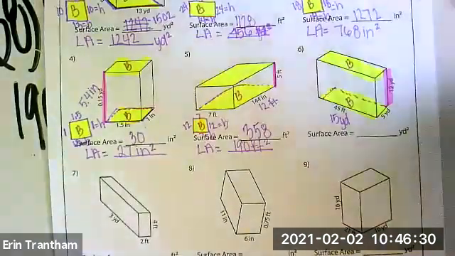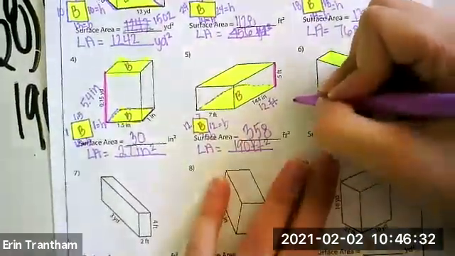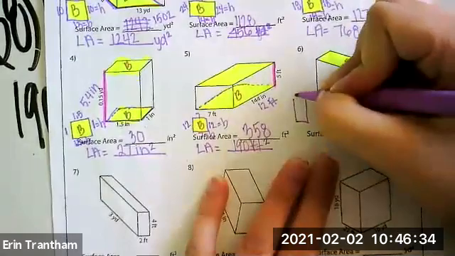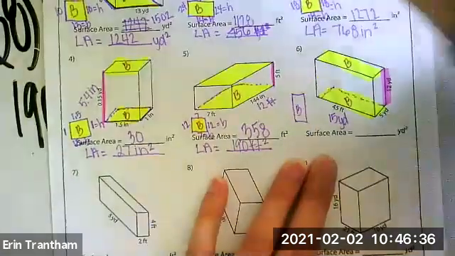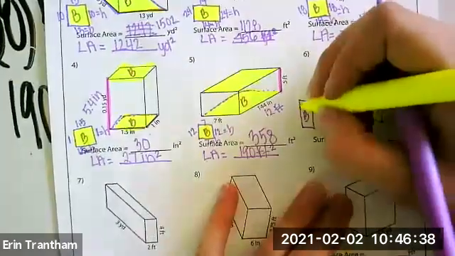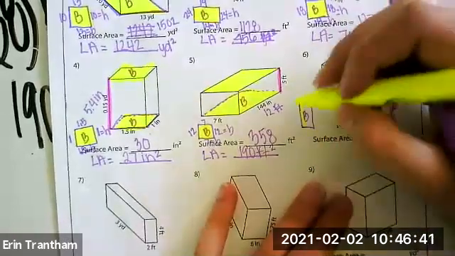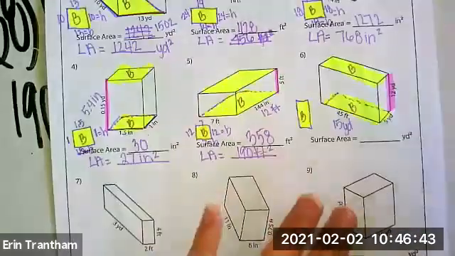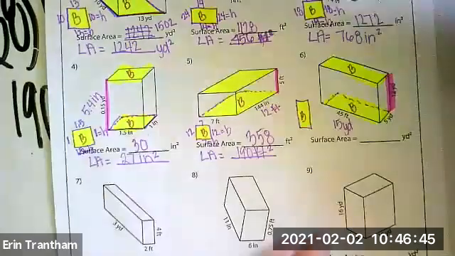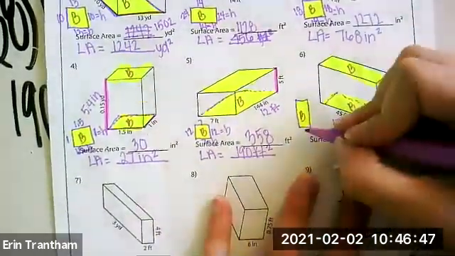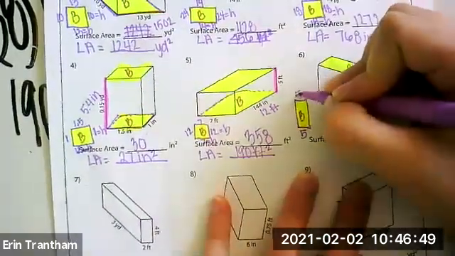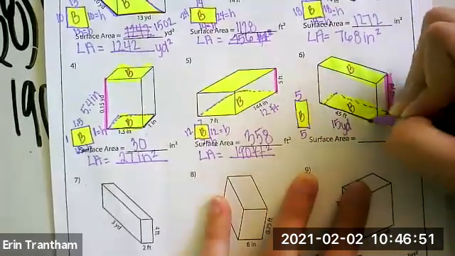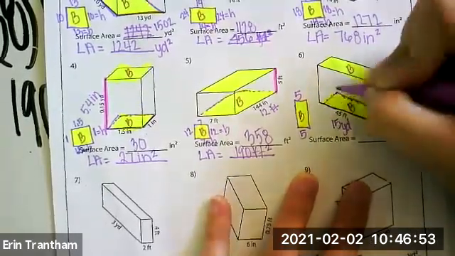Okay. I'm going to redraw my base. If this is 5, then this is 5. If this is 15, then this is 15.